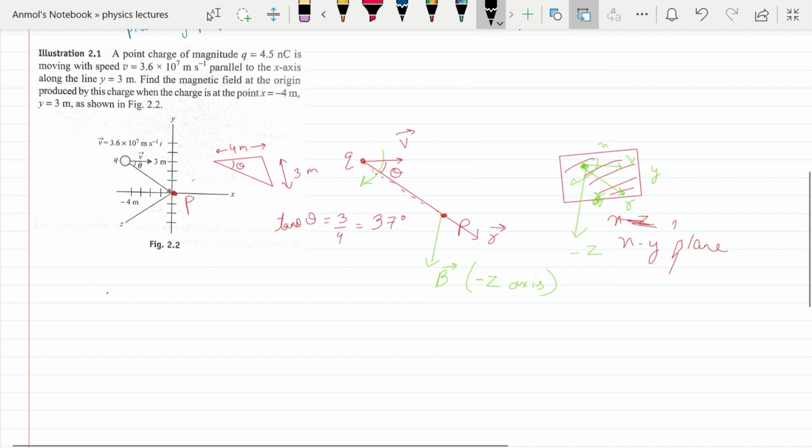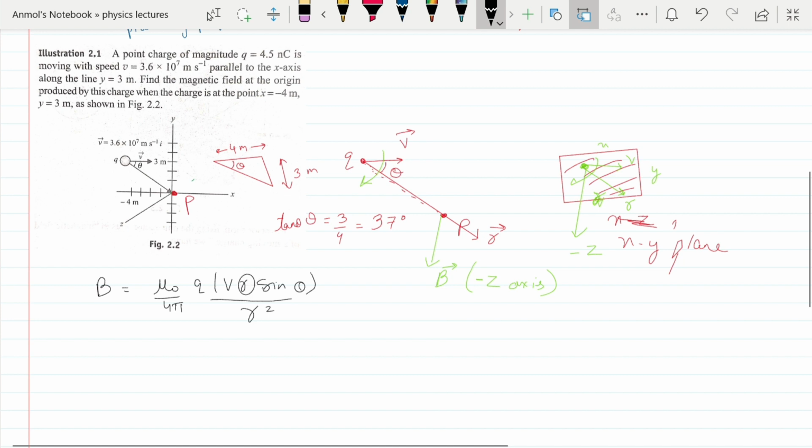So I can tell here that B is equal to mu naught upon 4 pi, Q, V magnitude, R magnitude, sin theta, by R square. Theta we have just calculated. Do not get confused here, this is your unit vector, please remember this.